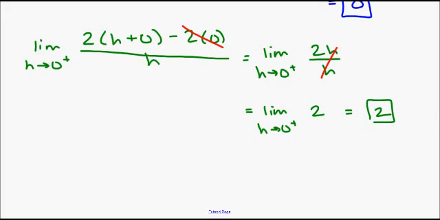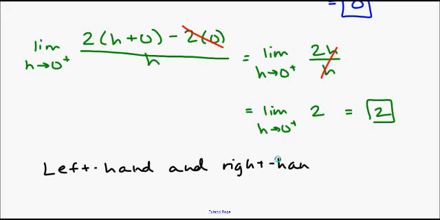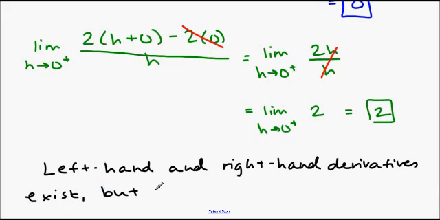Okay. So I do have a right-hand and left-hand derivative. So left-hand and right-hand derivatives exist. Okay, we saw that they were 0 and 2. But they are not the same.